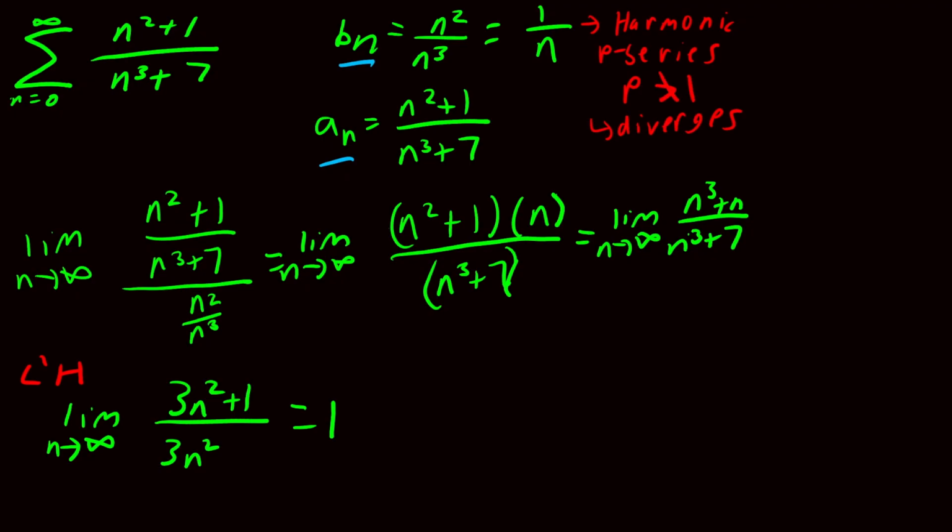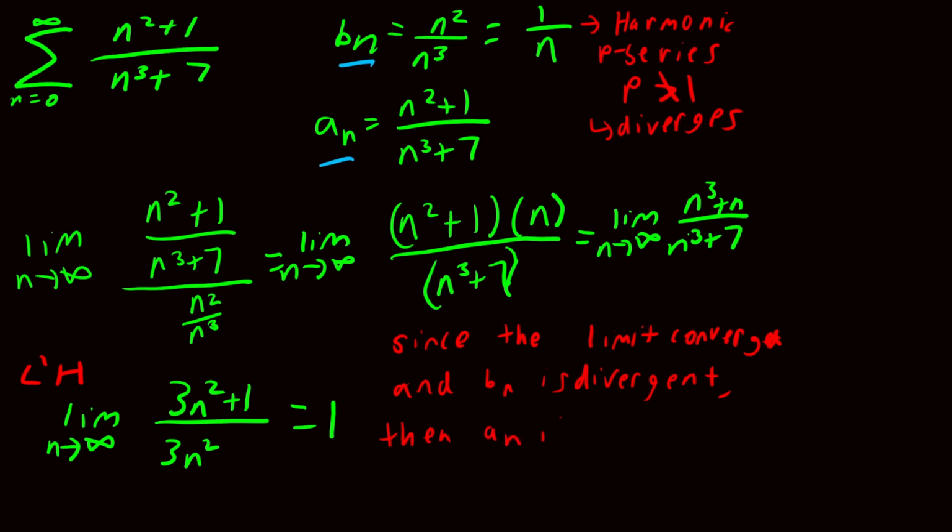Now, since the limit converged and bn is divergent, then an is also divergent. And boom, that's it. It's not so hard once you get the hang of it.